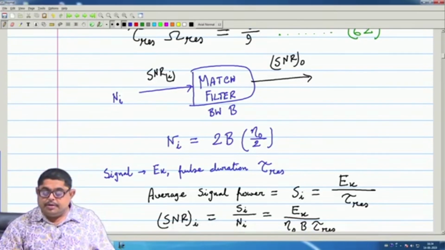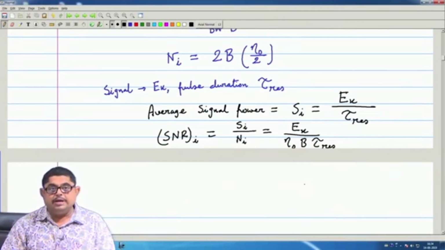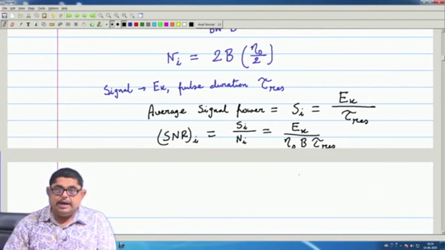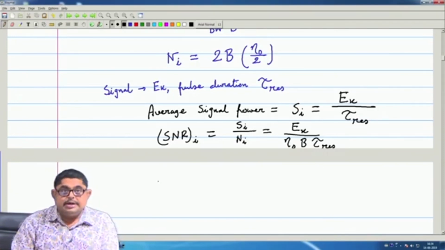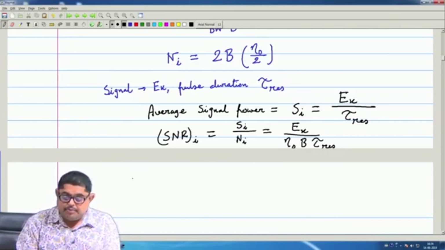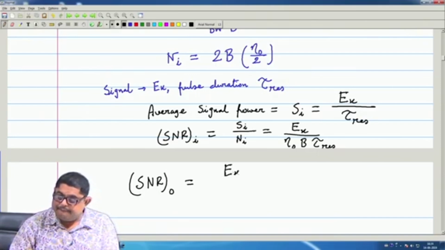Now, for a matched filter we know that if the input signal has an energy Ex and if it is sampled at the proper delay time T0, then SNR out becomes, we know, Ex by eta naught by 2.